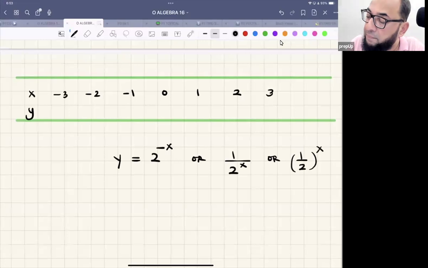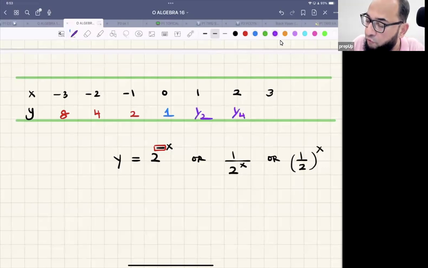So now if I plug in -3, 2 raised to power of negative 3 is 2 raised to power of 3, that's 8. This comes out to be 4, this comes out to be 2, this comes out to be 1, this comes out to be a half, this is 1 over 4, this is 1 over 8.